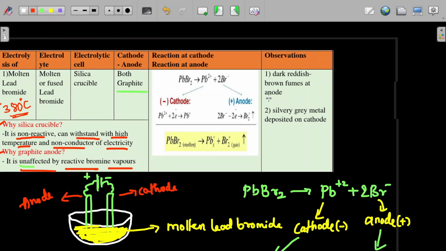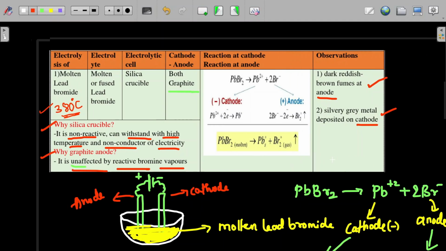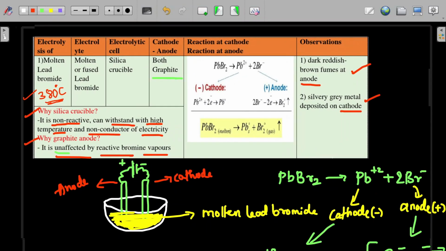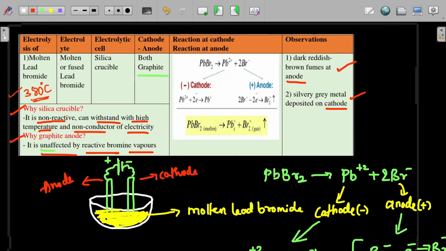Observations at the anode, you have to write: dark reddish brown fumes. Don't write liquid, because at 380 degrees Celsius, it will be in the form of fumes. And the observation at the cathode will be silvery gray metal deposited. I think in your question paper, prelim 1, they asked: name the product formed at the cathode.